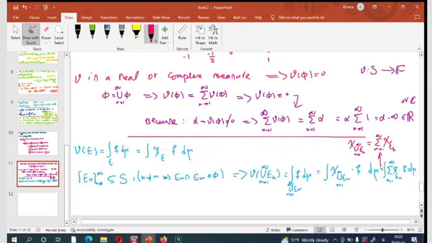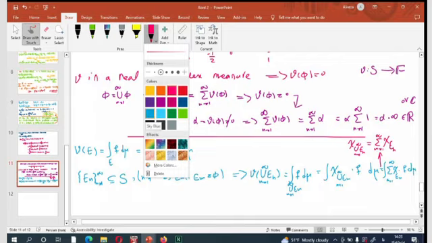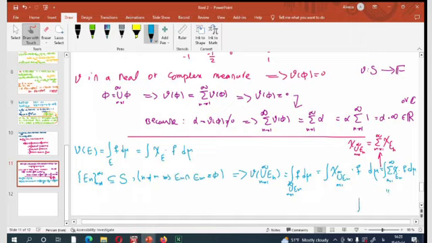Okay, so we have this equality, this characteristic function equal to the summation of these characteristic functions, and now we can write this equal to this integral of phi of En dot f d mu.